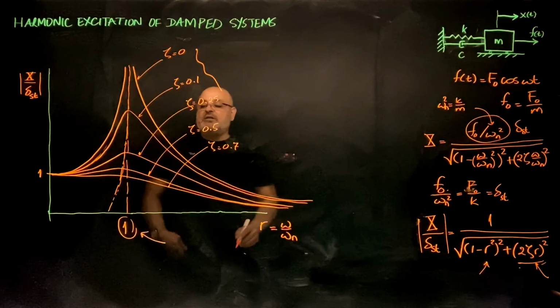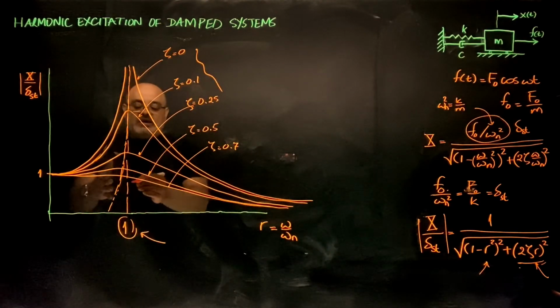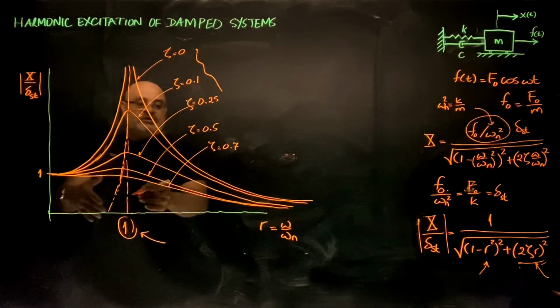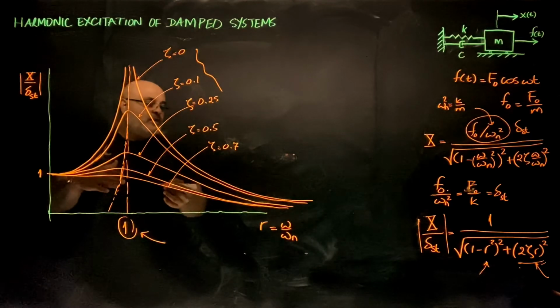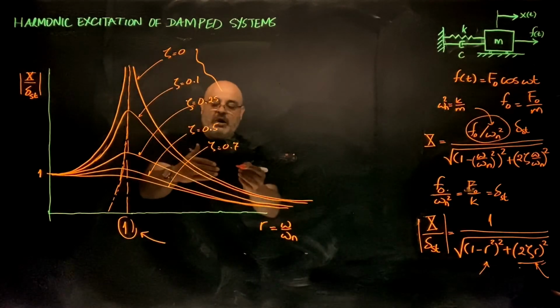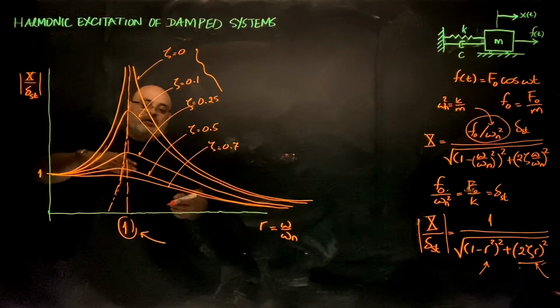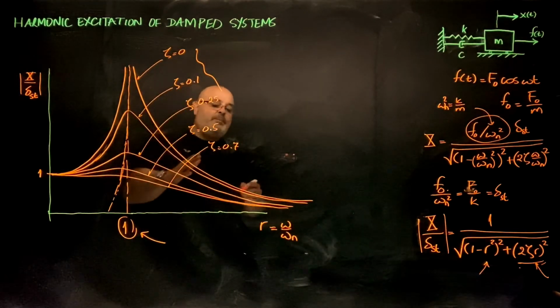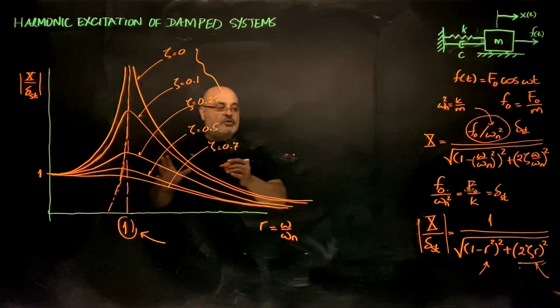You can assume that the resonance always happens at 1, because for higher damping ratios, we don't have vibrations anyway. If the damping ratio is above 1, the system will be critically damped or overdamped. That means we will have an exponentially stable response without vibration.